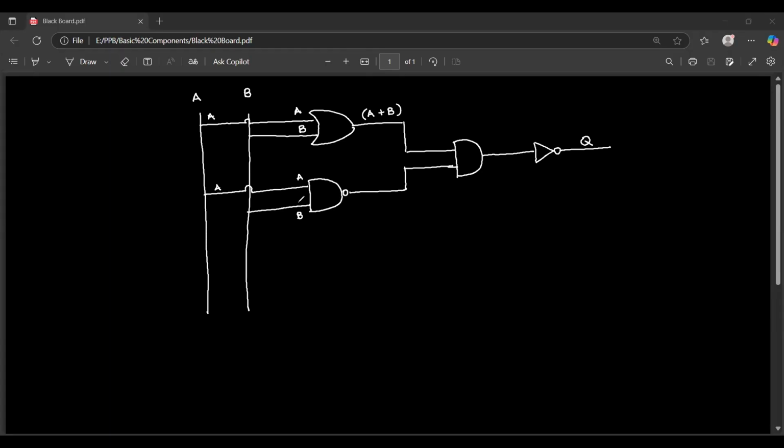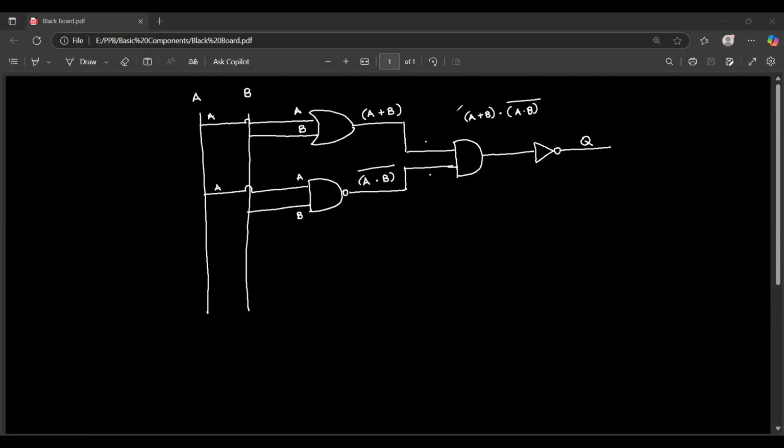What will be the output of the NAND gate? You remember the NAND gate? Well, that will be A dot B whole thing bar. Okay, so since we have A plus B here and A dot B whole thing bar here, the output of the AND gate will be A plus B into A dot B whole thing bar.